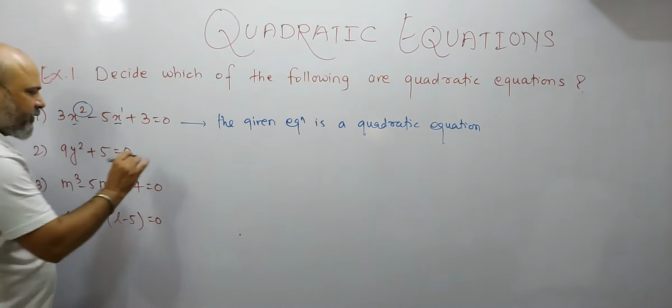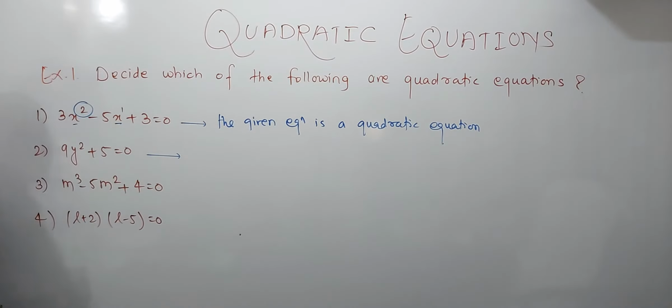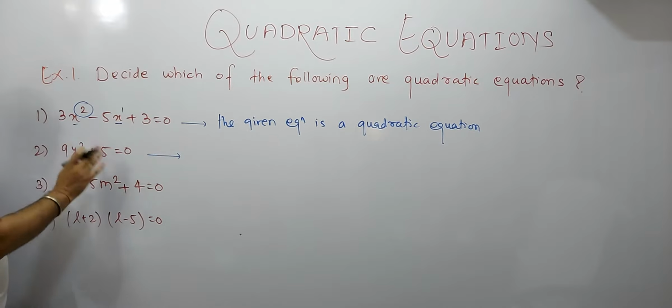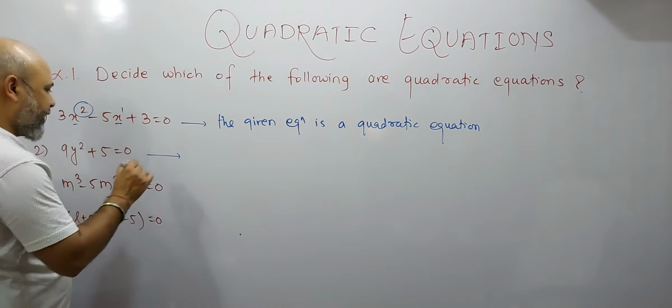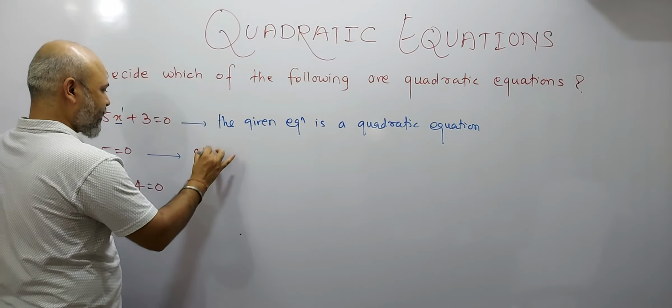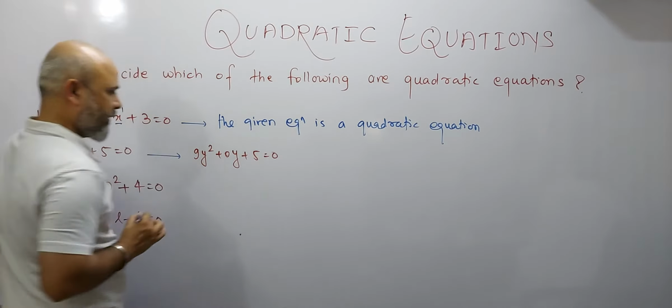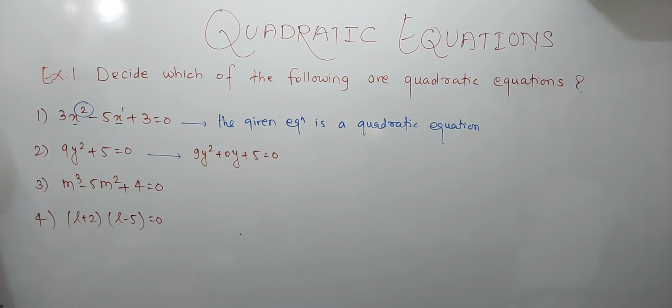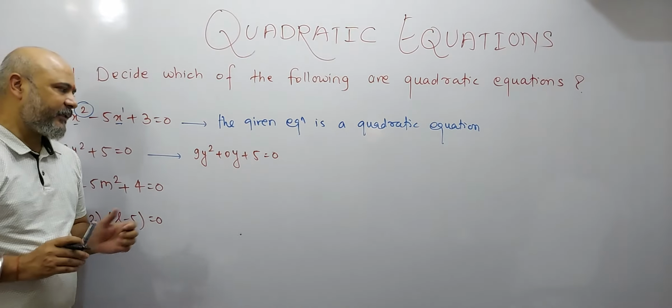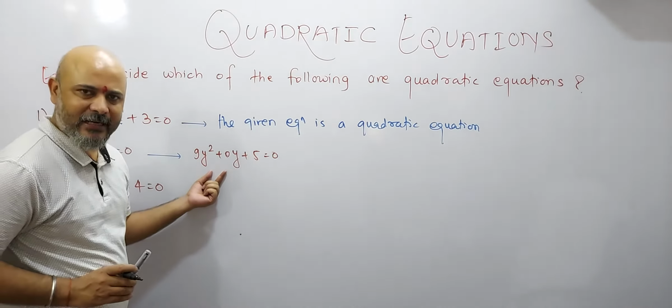Now the second one, when you observe the second equation, that is 9y square plus 5 is equal to 0. One term is missing, that is the middle term, so you will write in the general form 9y square plus 0y plus 5, this is equal to 0. This is the general form of this equation, and again you will see that this equation contains only one variable, that is y.